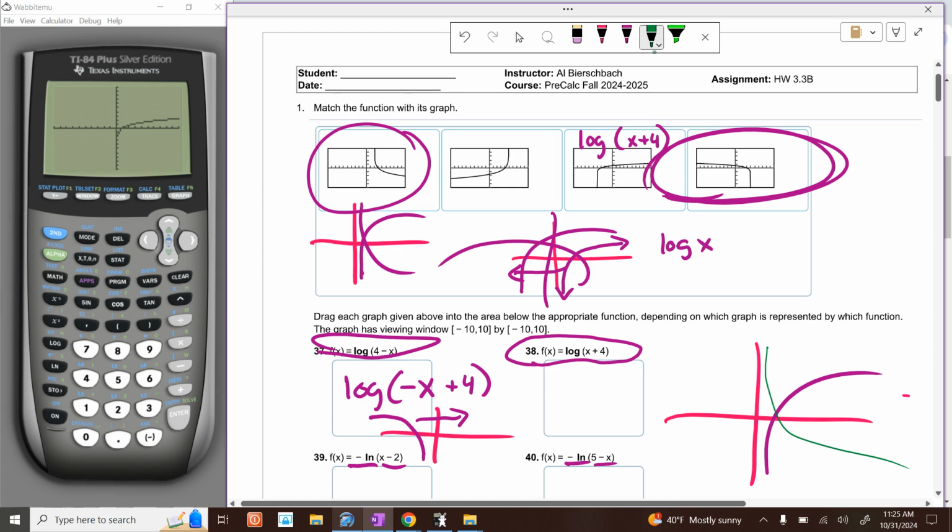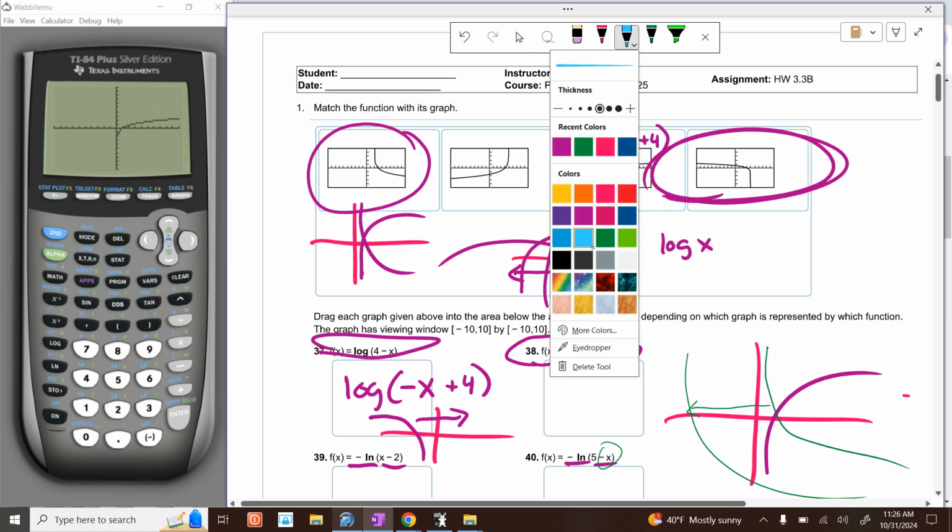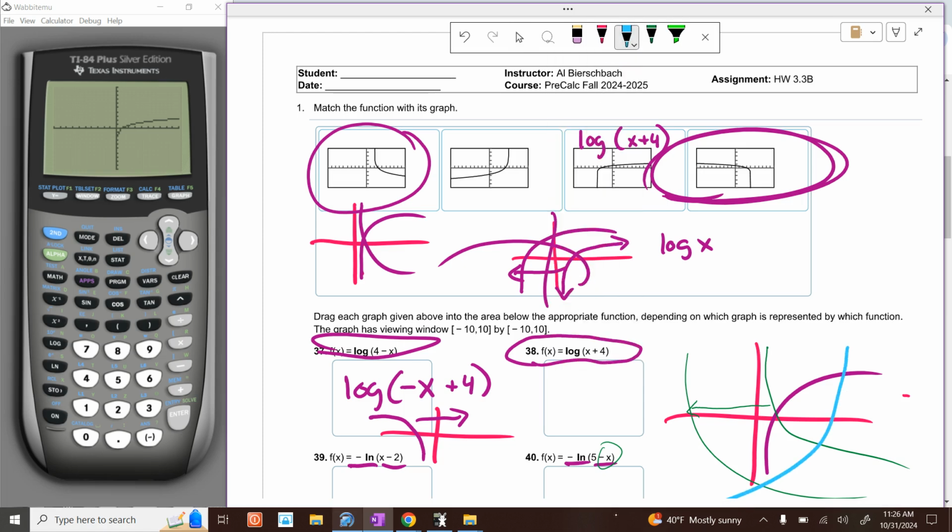And then 5 minus x means you move it to the left 5, and then it looks like this. And then you flip it around the minus x, you flip it around the y-axis. So if you flip it around, it would, I don't know, let's go with yet another color, look like that, which is this one. Okay.